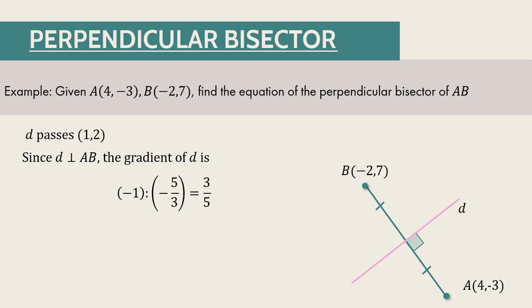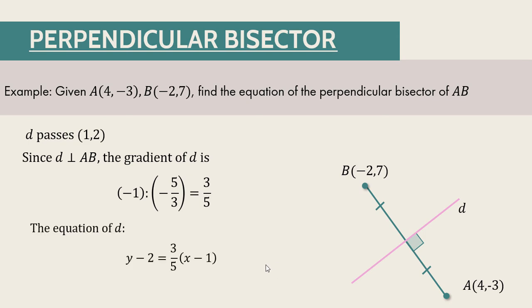We also know that D passes through the point (1, 2). Now we can easily find the equation for the line D. That skill is taught in the previous lesson. If you forget it, just go back to the previous lesson, UM8 math number 16, and then come back to this video.